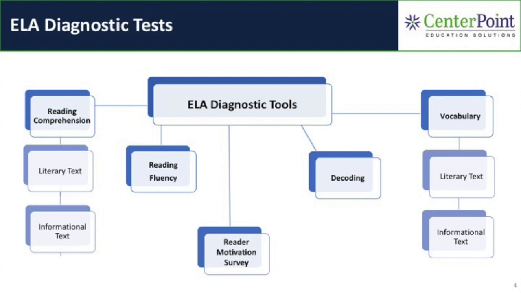So 12 questions. The other thing that's different between reading comprehension 2 through 8 and high school is that the high school also incorporates reading vocabulary questions. So we've got the standard 4 and language standards 4, 5, and 6, all within the reading comprehension.